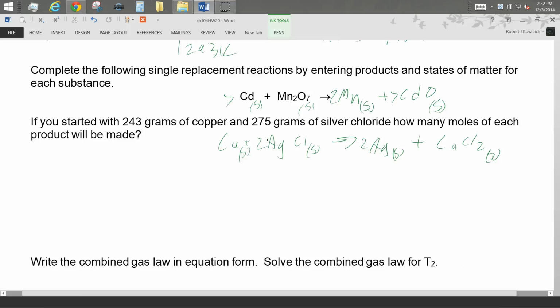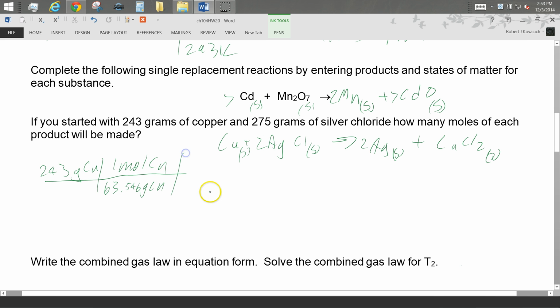How many moles of each product are going to be made? All right. So I've got 243 grams of copper. And what is it, 63 point what? 546 grams of copper for 1 mole of copper, and then for every 1 mole of copper, it's let's do 2 moles of silver.